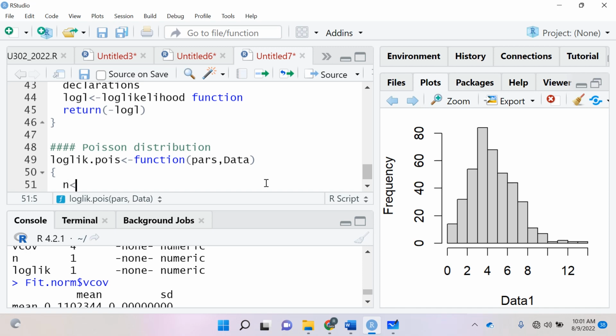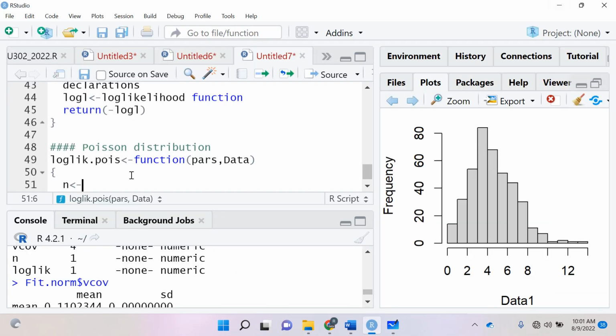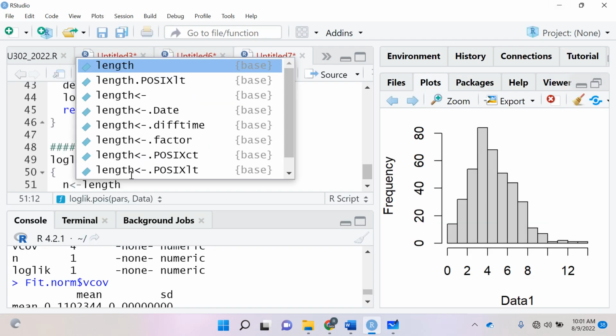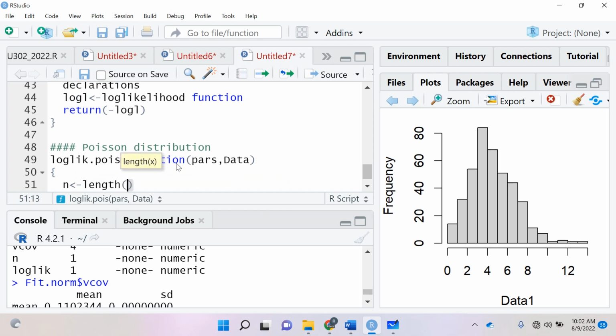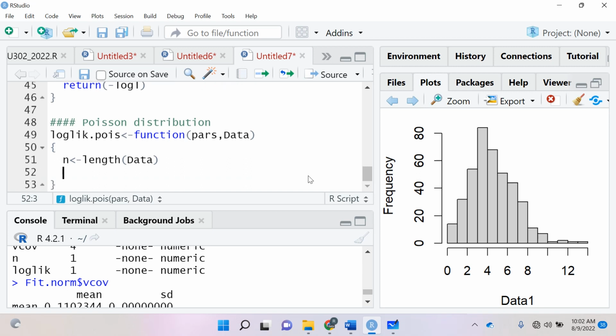Well, we need n, because in the formula we have n lambda. The xi's are the data points. So n is equal to the length of data, because I assume that data is in vector form. If it is a matrix, then you have to use either nrow or ncol, depending on how your data is arranged.